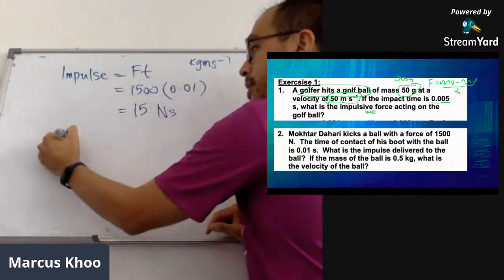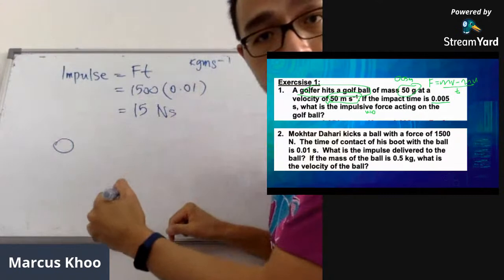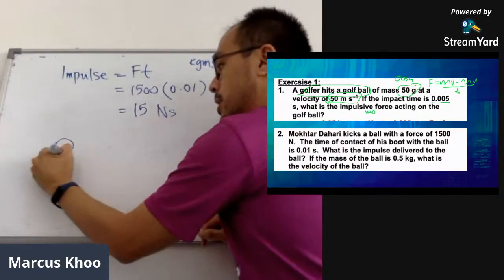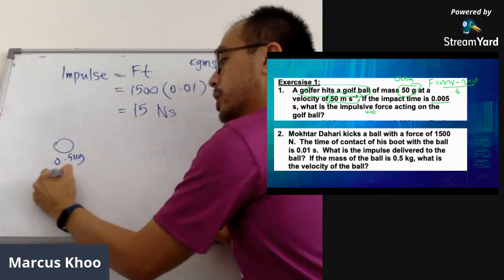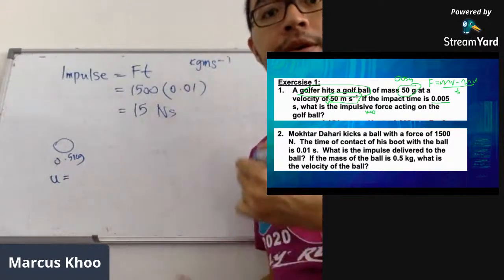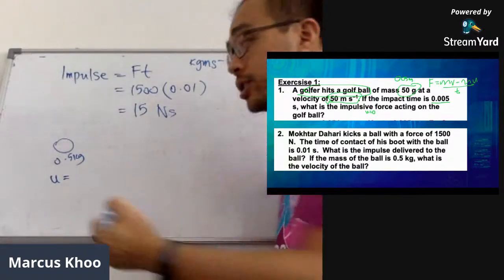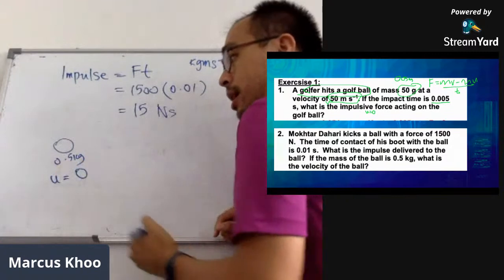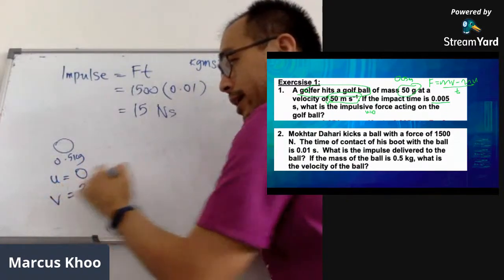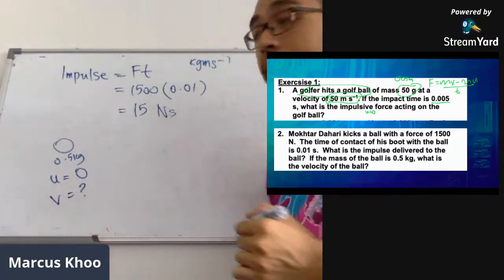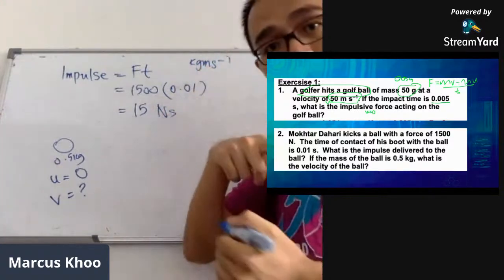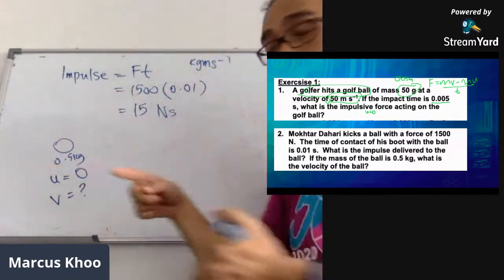Okay, let's think about this now. The ball mass is 0.5 kg. What is the initial velocity? Again, before a ball is kicked, the initial velocity is 0. My question is, what is the final velocity? Okay, and this is where we use the first impulse sama dengan the second impulse.